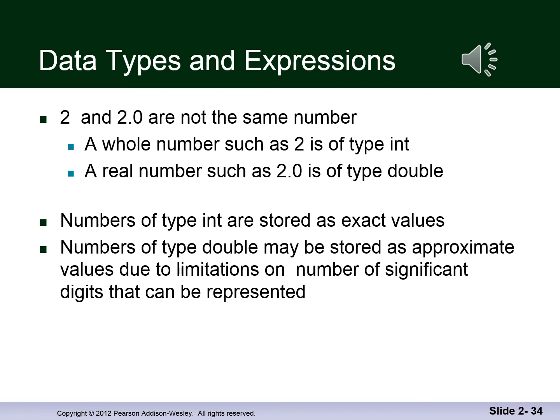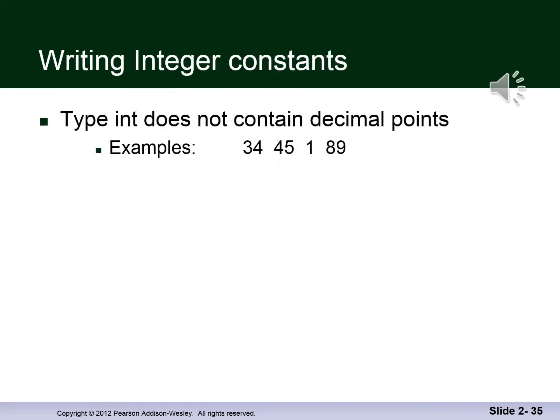A whole number, such as 2, is stored as an int. 2.0 has to be stored as a type double because it has a fractional component. As I mentioned in the slide before and previously, an int does not contain a decimal point.